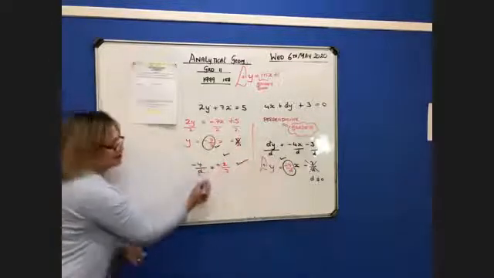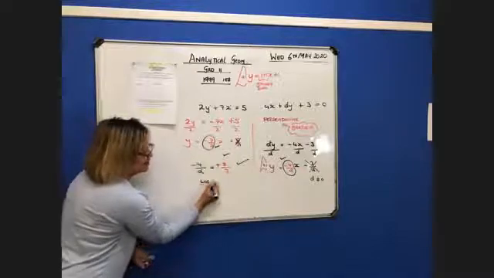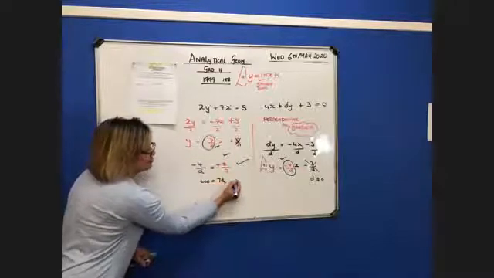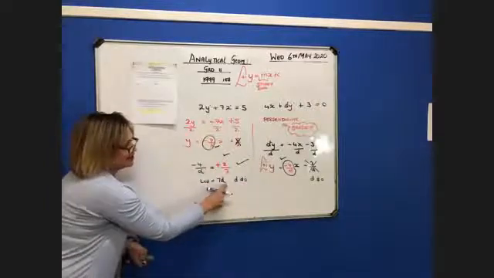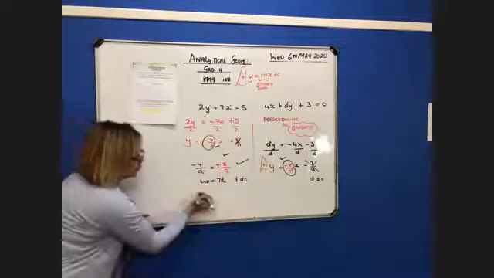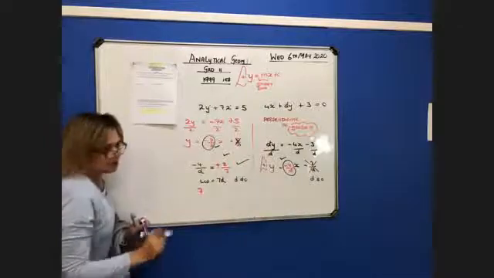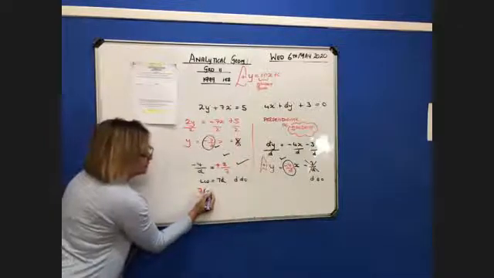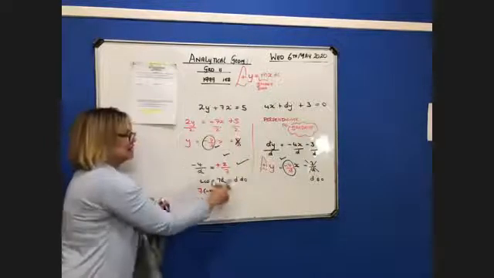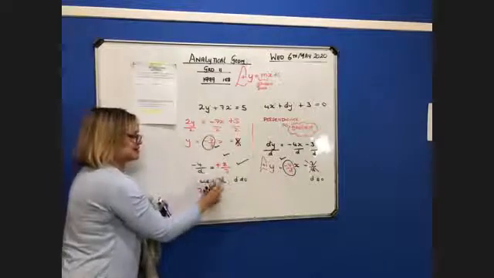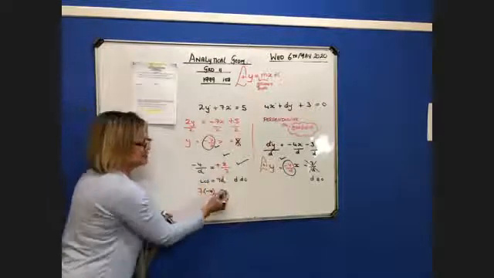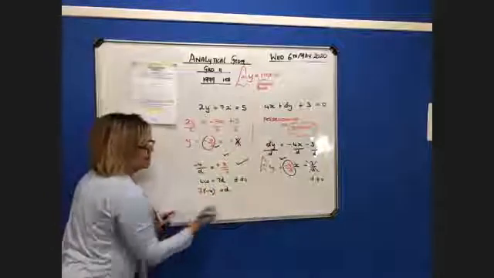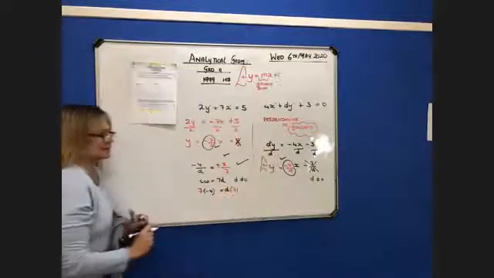Okay, very quickly, we're going to flatten this. My LCD is 7D, and we've said this before, D can't be naught. So D divided into 7D goes 7 times. Please be quiet, guys. Times that by the numerator. And 7 divided into 7D goes D times. And times that by the numerator.